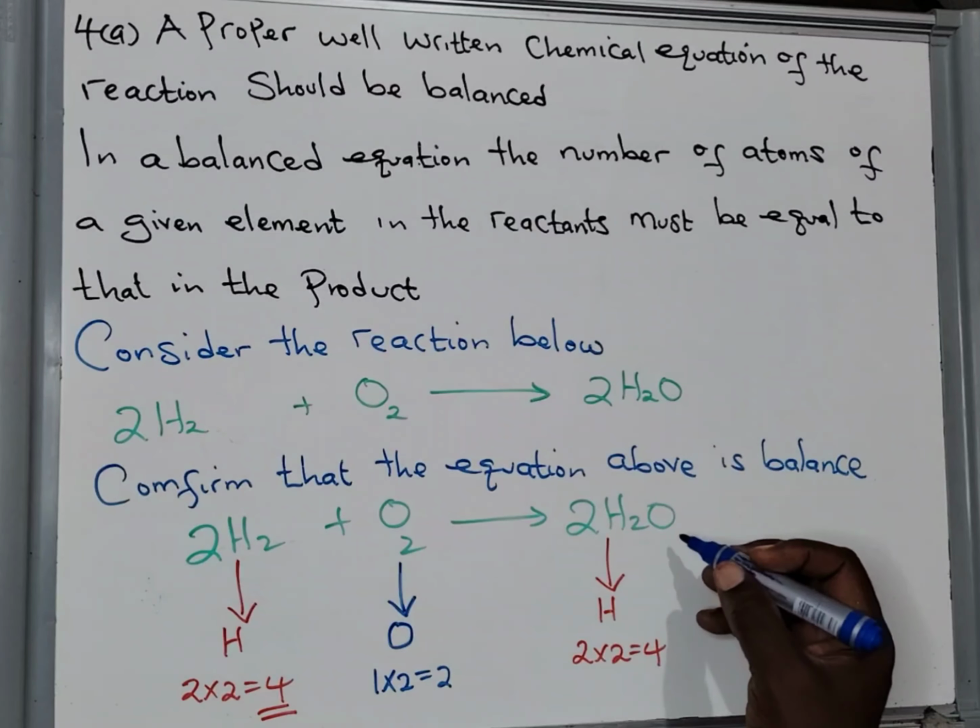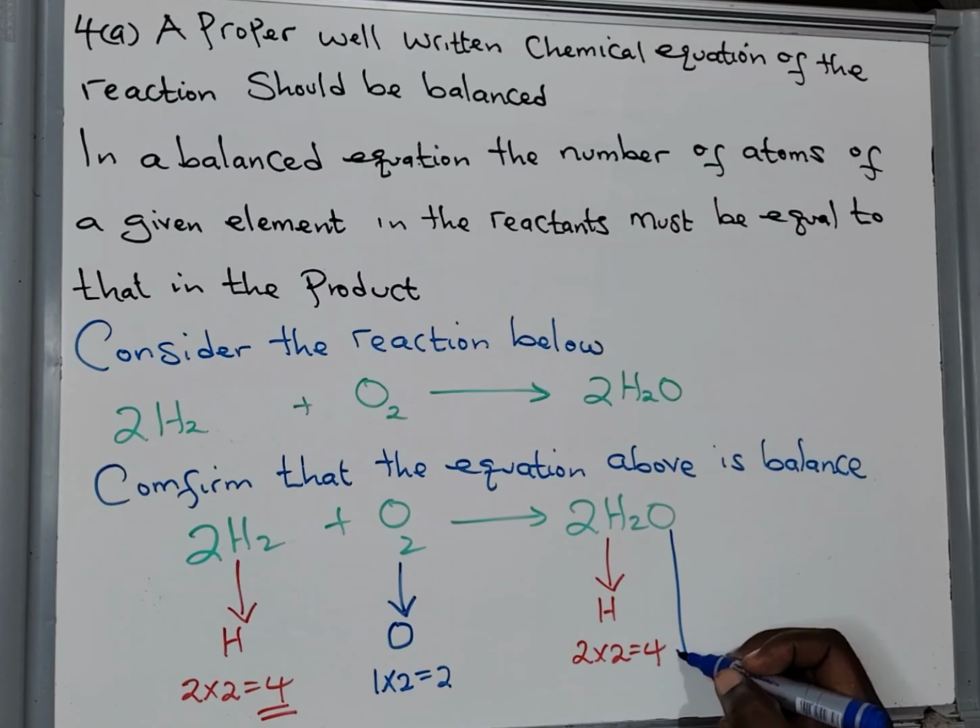Okay. Then you come to our oxygen this side. It is O. So what do you have? It is 2 times 1 giving you 2. So the equation is balanced.